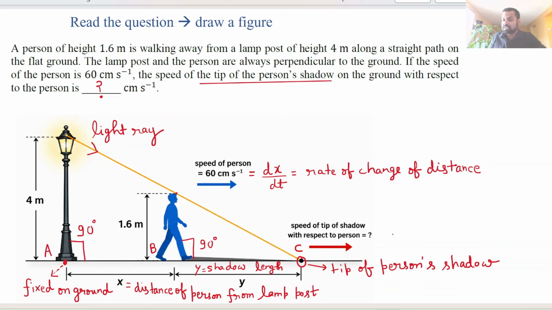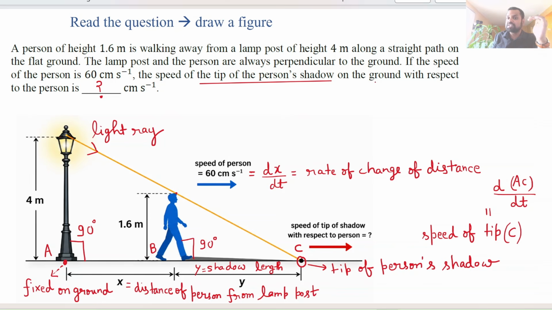So here's the thing, the velocity, the speed of tip, or point C, that will be the rate of change of AC by dt, how fast AC is changing over time.